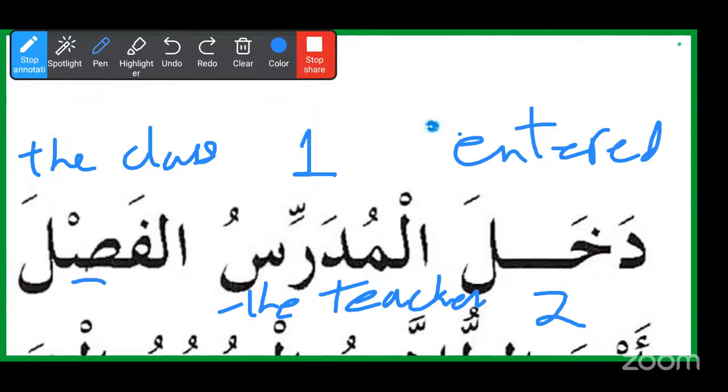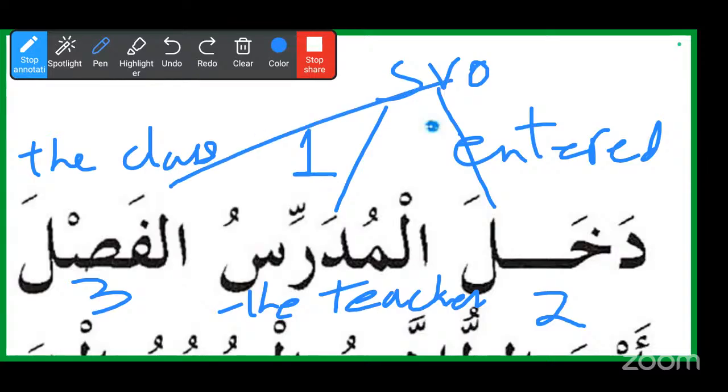So the sentence becomes subject verb object, which is the style in English and in many other languages. First comes the subject, the doer, the fa'il, the mubtada, whatever you call it. Then comes the verb, and then comes the object.